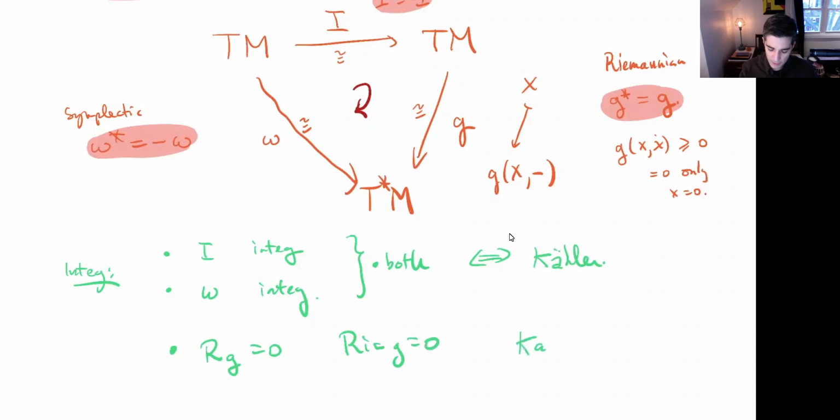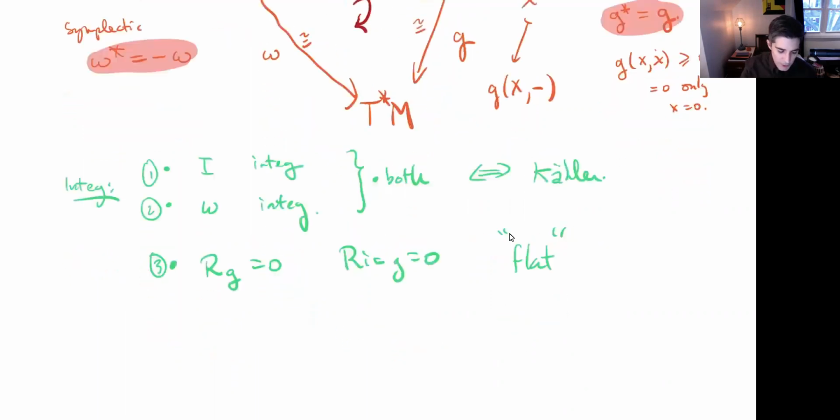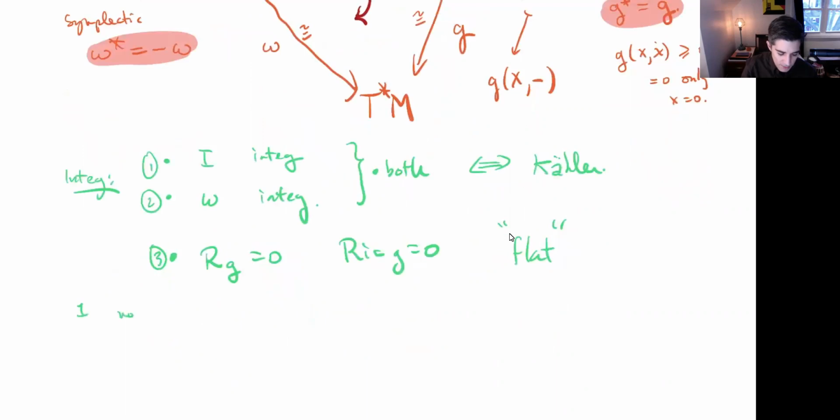So this would be some version of the flat condition on the manifold. Incidentally, if you only require one, but not 2 or 3, this is what we call a Hermitian manifold.